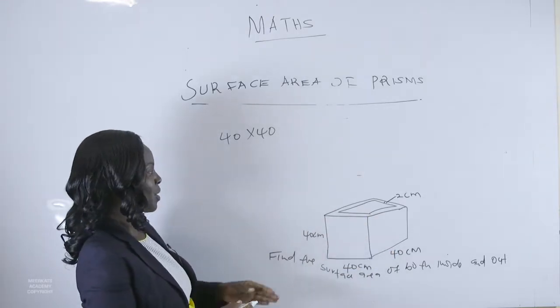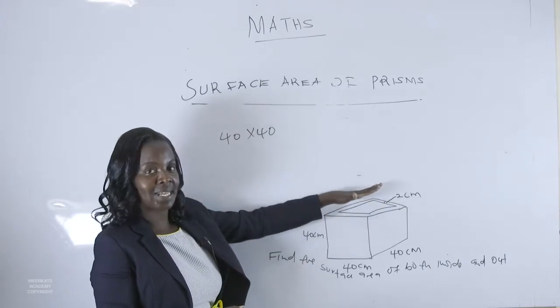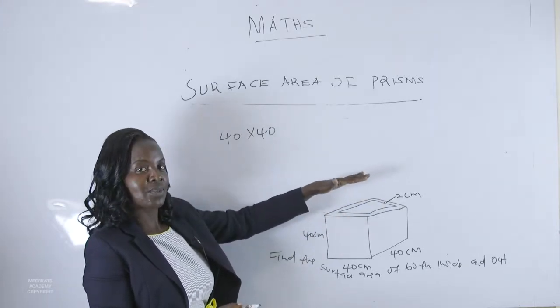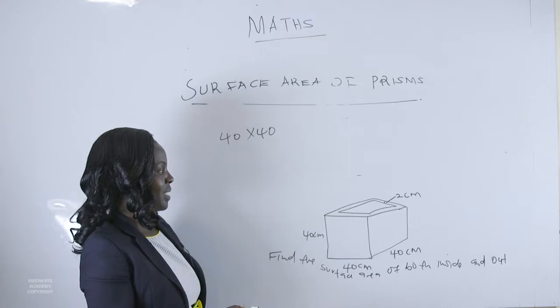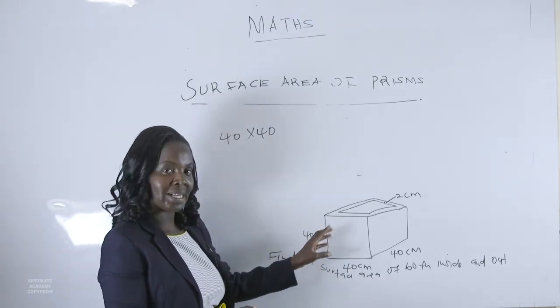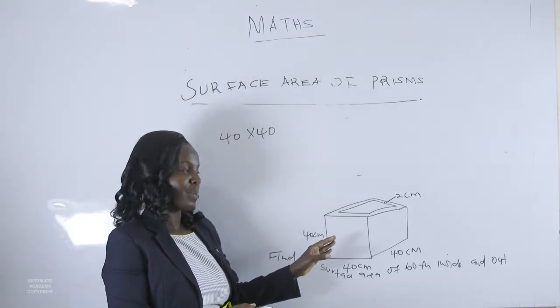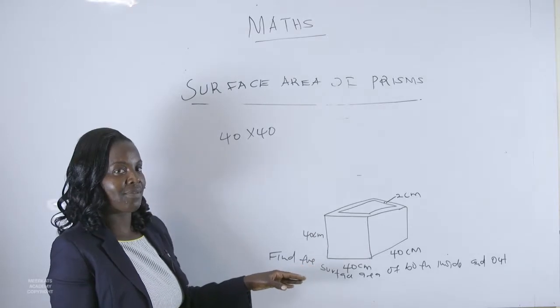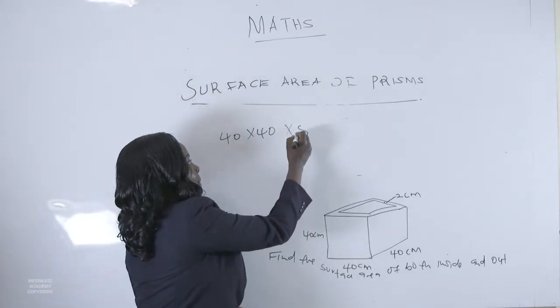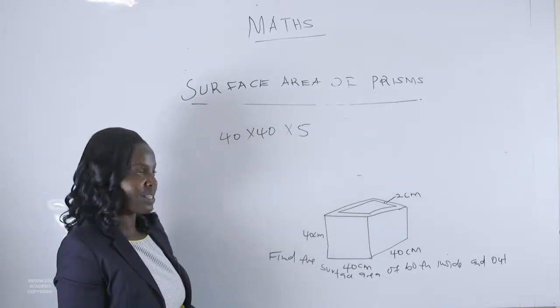So this cube, because the upper side is open, we are not going to add it. That means if we calculate one face, we multiply by 5, because all the faces are equal.